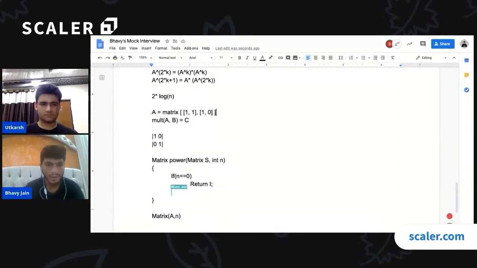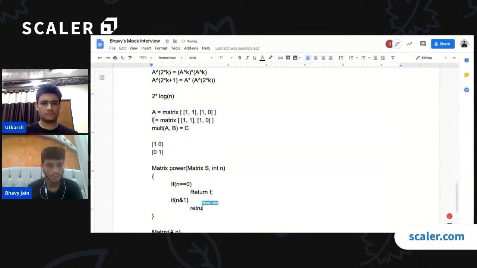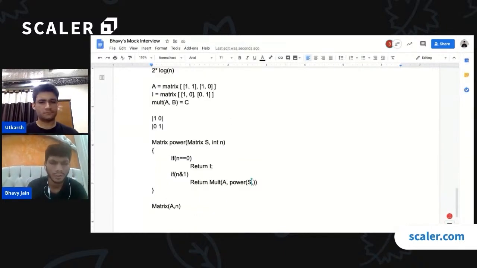And if n is odd, we can return mult. So we will multiply a by power a. Actually, we don't need s, I guess, because if we are multiplying it, so mult a, power a raised to n minus 1, power n minus 1.